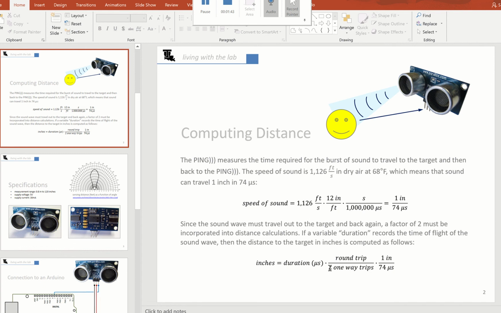And then you multiply by 1 inch per microsecond. Then you can calculate the distance. That's how this ultrasonic distance sensor works. They measure how long it takes for the sound to bounce back, the time, and then convert it to distance based on the speed of sound.